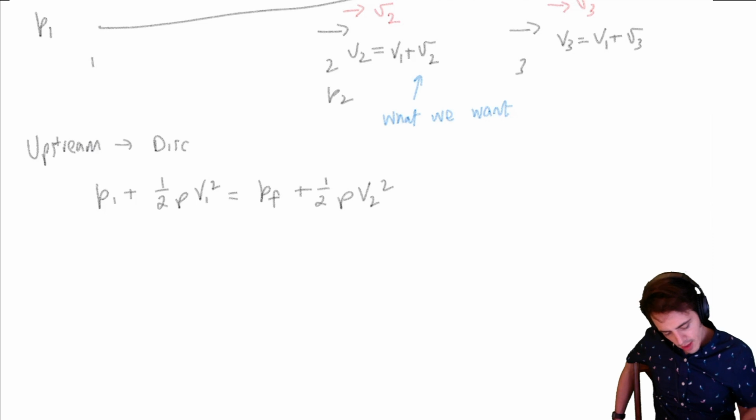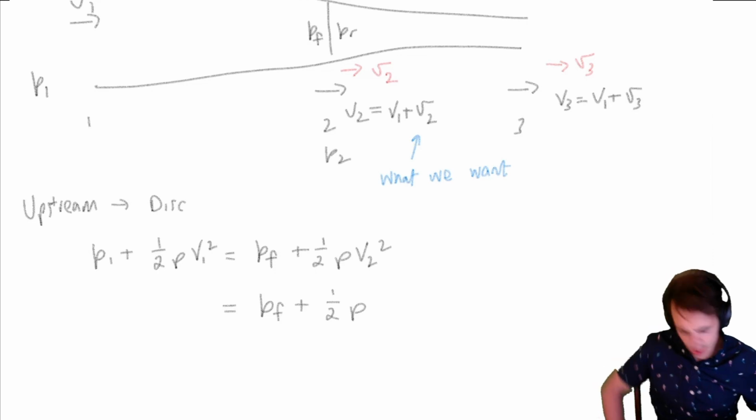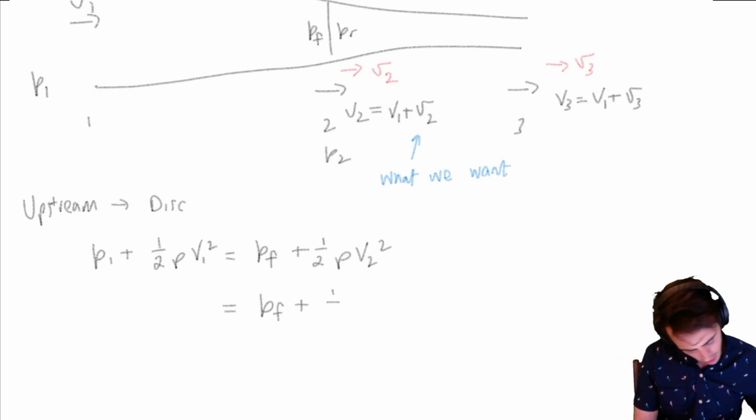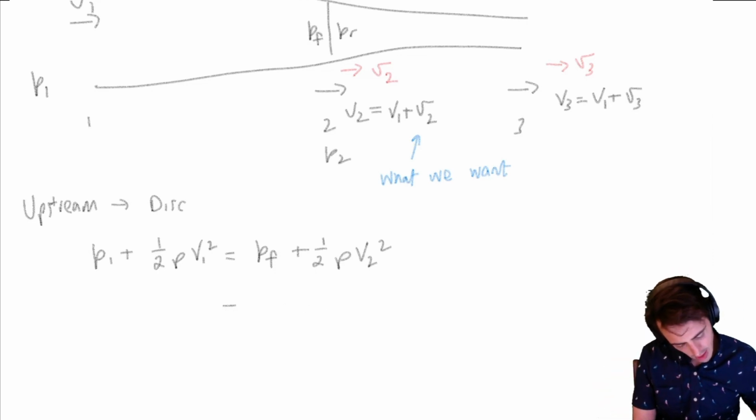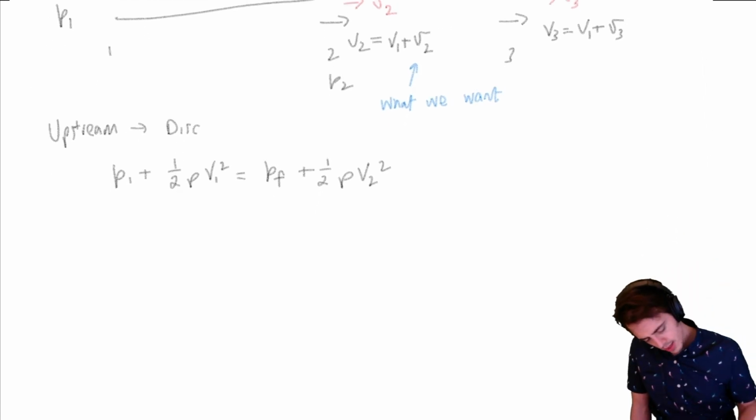So we can then rearrange this for PF. PF is equal to, let's just manipulate the right hand side a little bit more first. We'll say PF plus a half rho, and we're going to say in here, in fact, I'm talking nonsense, let's leave this where we are. We're going to rearrange this for PF, sorry about that, guys.